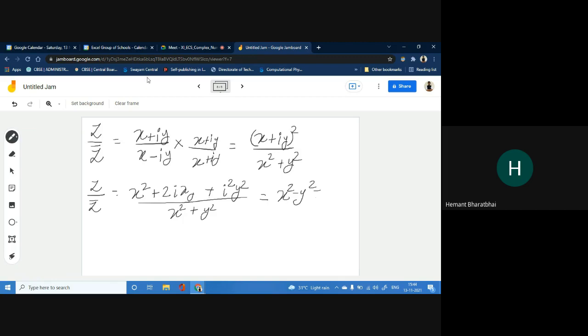So this will become x square minus y square plus 2i xy, the whole upon x square plus y square.